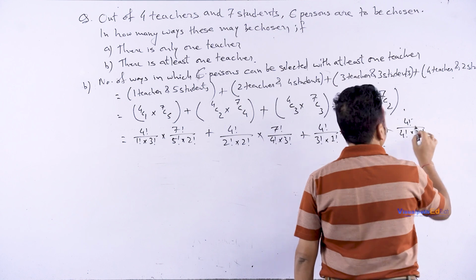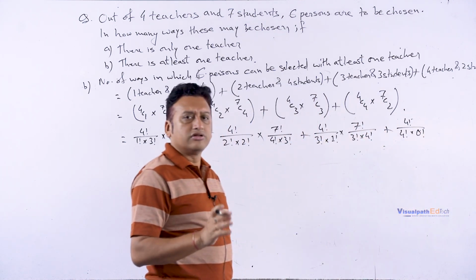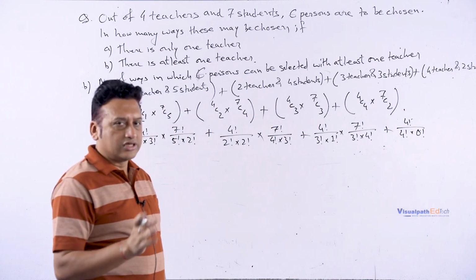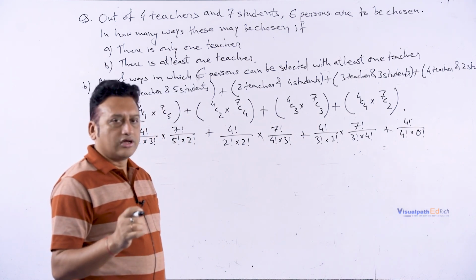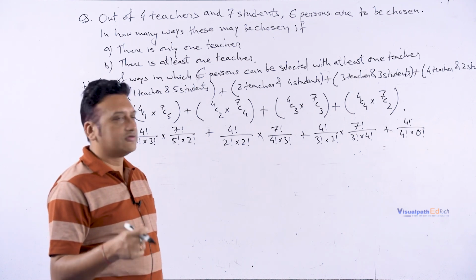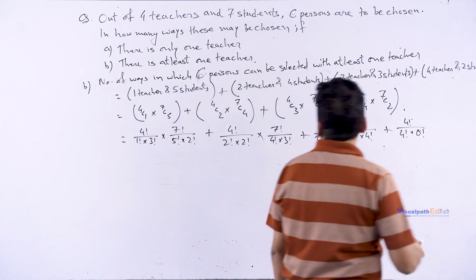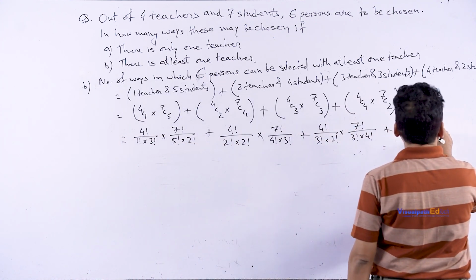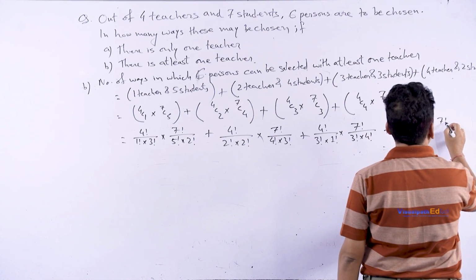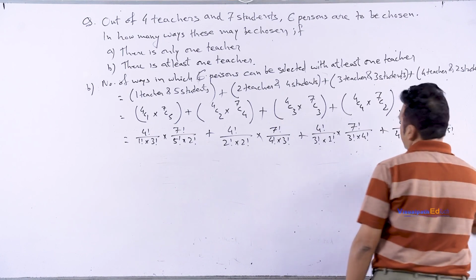Now, factorial 0's value is 1. Please remember, it can be proved and it is there in your book probably. There is a theorem through which we can prove that the value of factorial 0 is always 1. Okay, and into factorial 7 by factorial 2 into factorial 5.